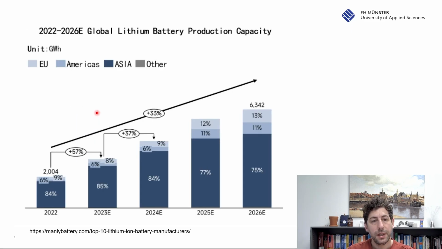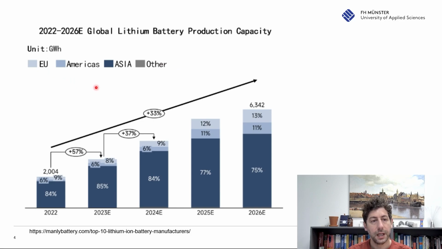And if we take a look here, this is the global lithium battery production capacity. The study is from 2023, so not that old, and you see this is the data for 2022, and then expected, and we expect a huge growth in the battery production.